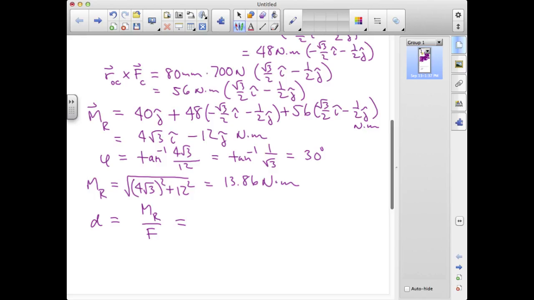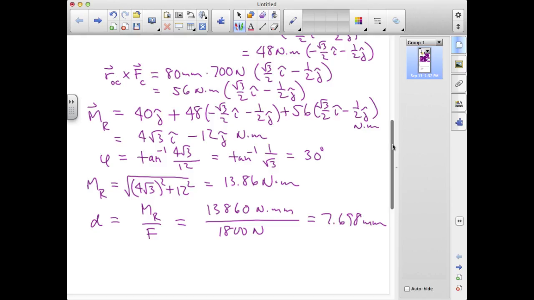So I have 13,860 Newton millimeters over 1,800 newtons, and that gives me a value of 7.698 millimeters.